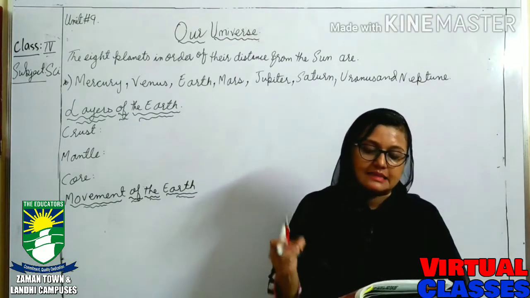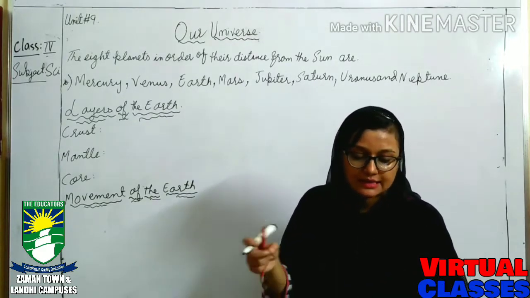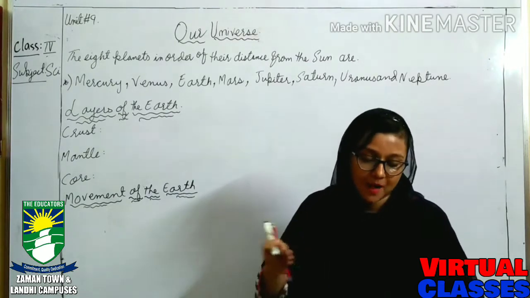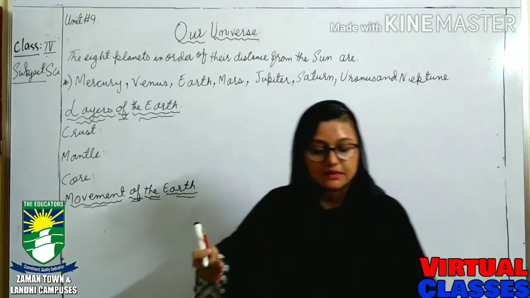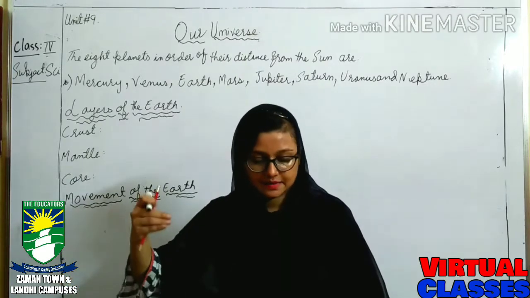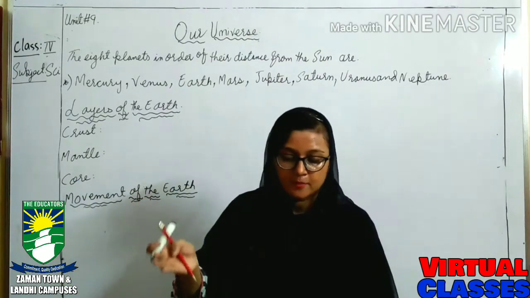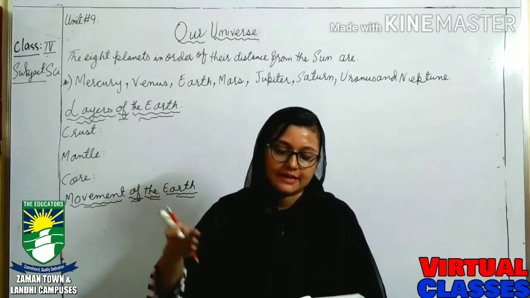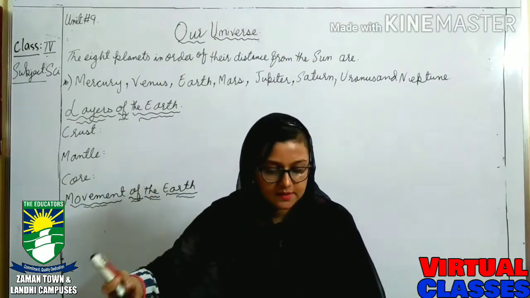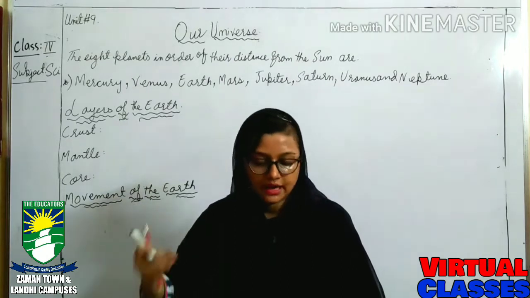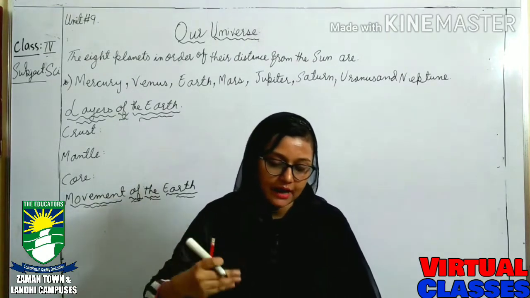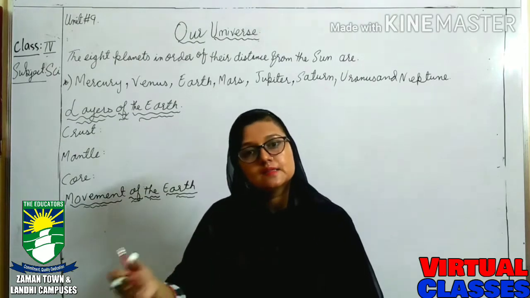The part that is tilted towards the sun gets more sunlight and has summer. The part that is tilted away gets less sunlight and has winter. As the earth continues to revolve, the part that was tilted towards the sun slowly turns away and has winter. The other part now has summer.